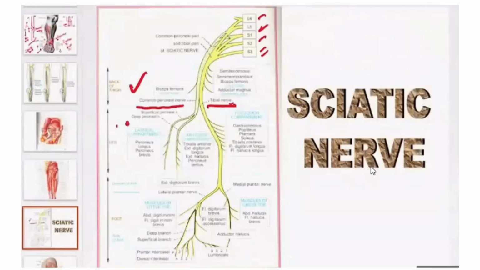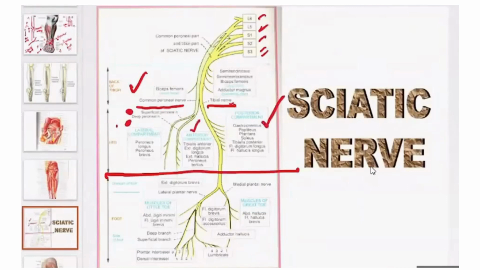So this is a summary of what we discussed. Up to this we finished. Tibial nerve supplies the posterior compartment. Anterior compartment is supplied by the deep peroneal nerve, and lateral compartment is supplied by the superficial peroneal nerve. The muscles of the lateral compartment are 2 in number: peroneus longus and peroneus brevis.